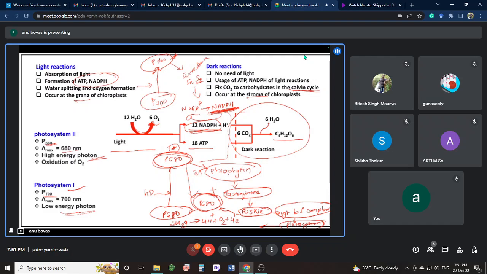I haven't seen any question related to that. If I come across a Calvin cycle question, we will learn about that also. Whatever questions I have come across regarding photosynthesis, I have explained through this mechanism. I hope this helps to answer the question.